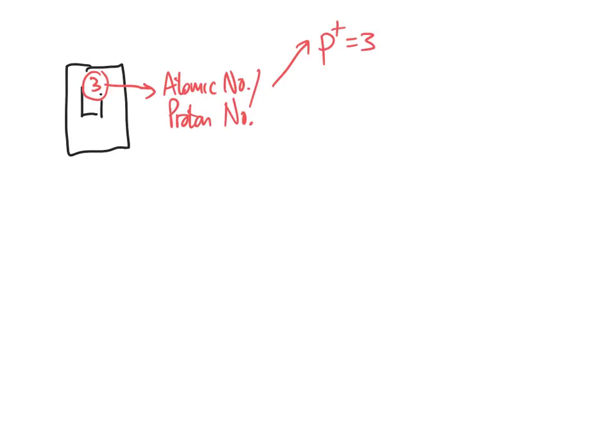We can immediately deduce from that the number of electrons is going to be 3, because plus 3 minus 3 gives us a 0 total charge, and remember, atoms are neutral.